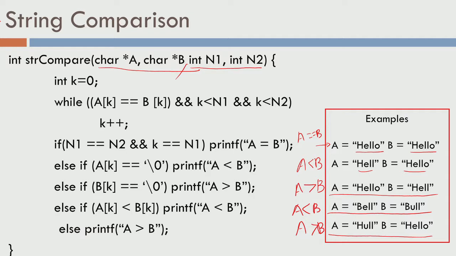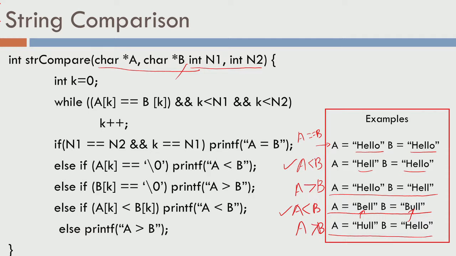I ran out of characters in A to compare with B. In that case, A is less than B. Or I do not run out of characters, but while still in the middle of checking characters, I see that some character in A is less than the corresponding character in B. In this case also, A is less than B. These are the two conditions for which A is less than B. For everything else, we already considered A equals B, and I showed you when A is less than B. In all the other cases, A is greater than B.